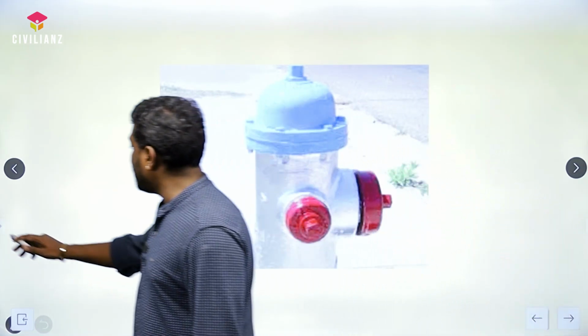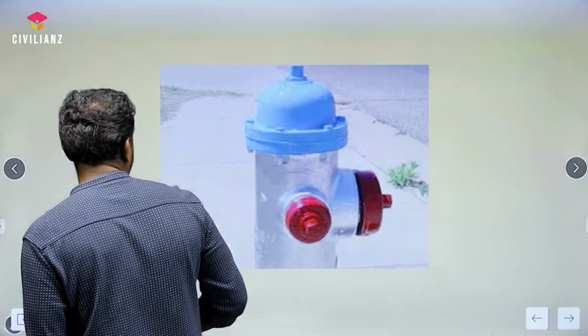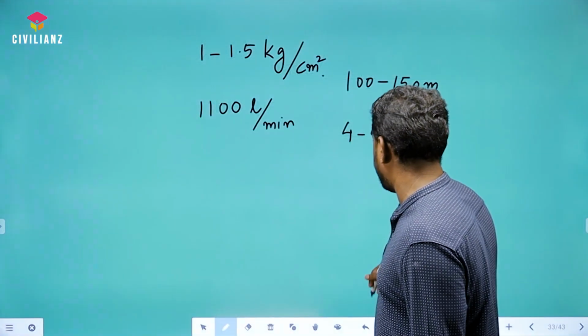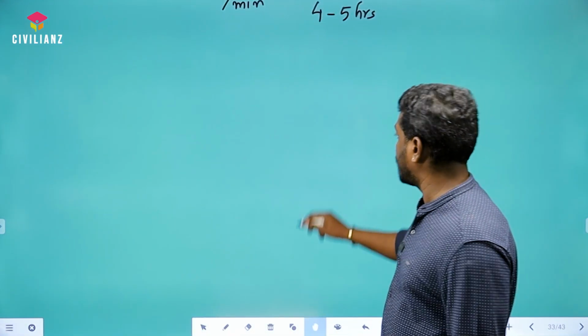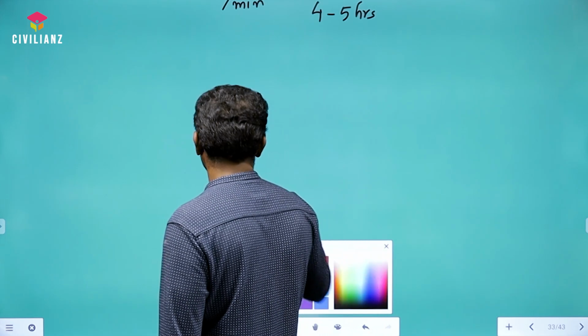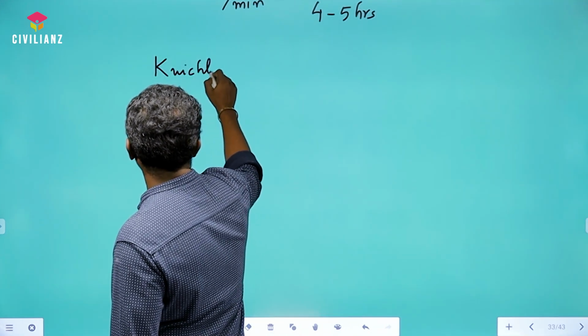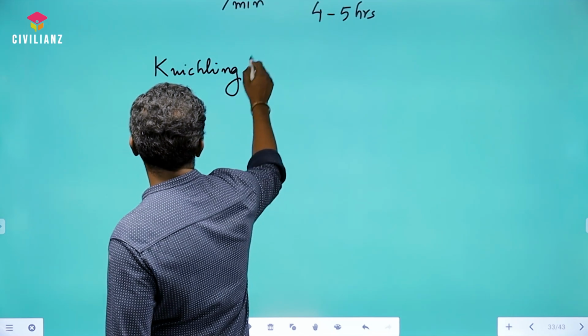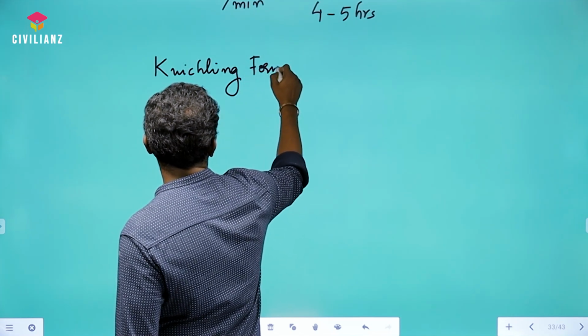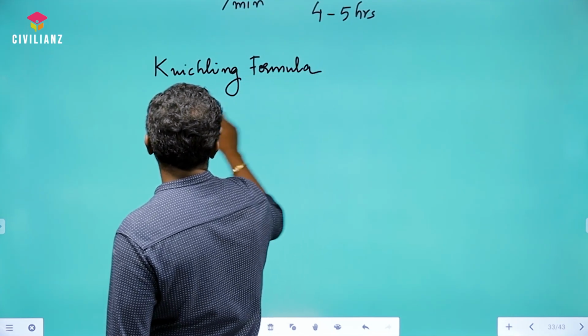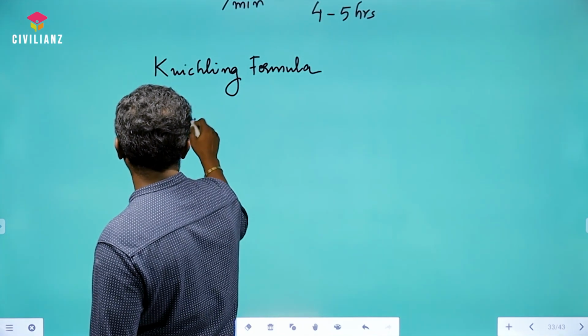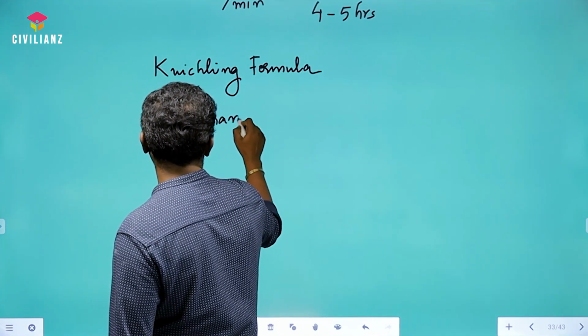Okay, and there are different equations for calculating fire demand. What are those equations? We have Kuchling's formula. Next, Freeman's formula.